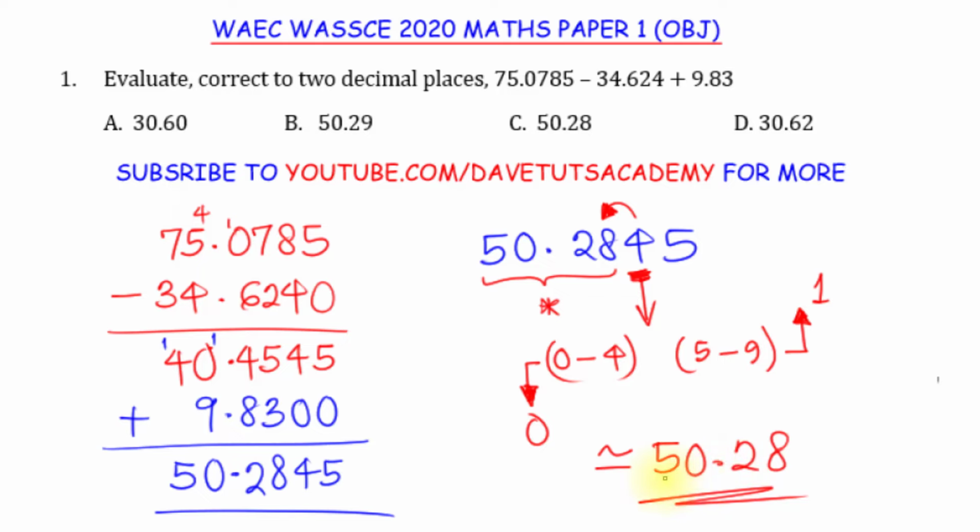So the correct option out of all these is option C, 50.28. Alright, that's the correct answer.